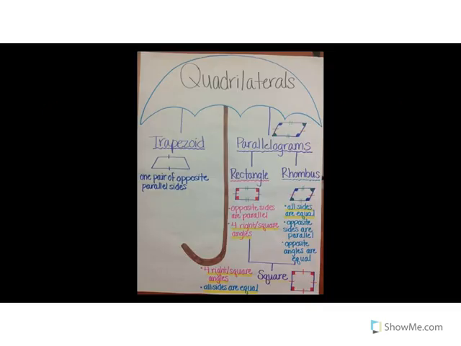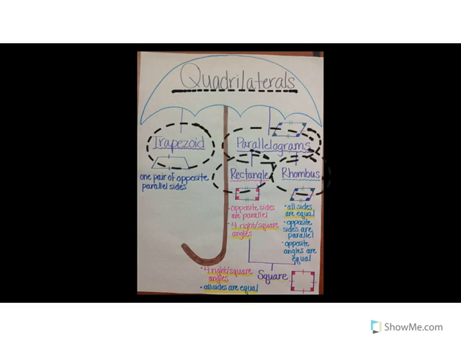Alright guys, this is your anchor chart for today's lesson. I chose this anchor chart because it put quadrilaterals in an umbrella. So quadrilaterals are any four-sided shape. So they're trapezoids, parallelograms, rectangles, rhombuses, squares.